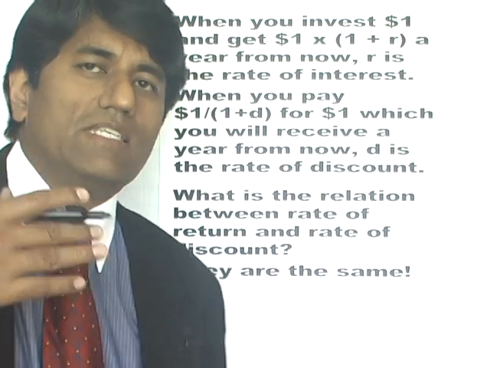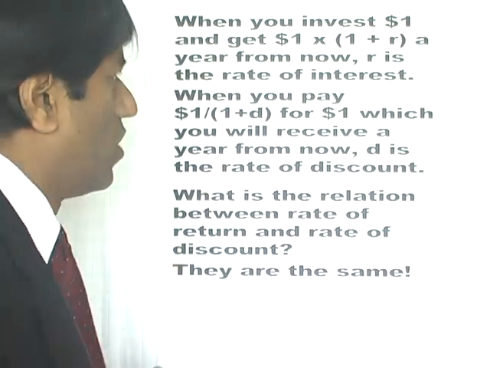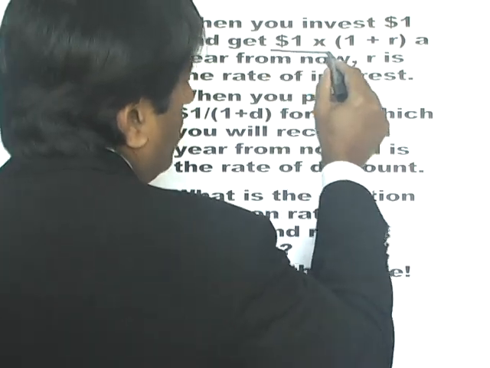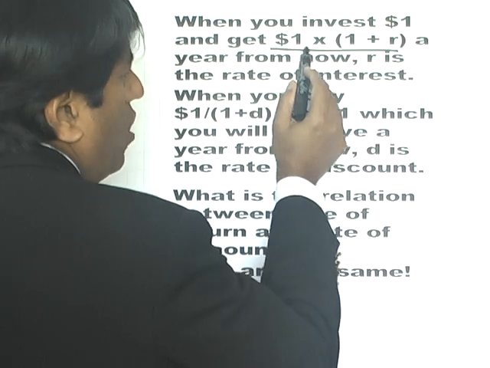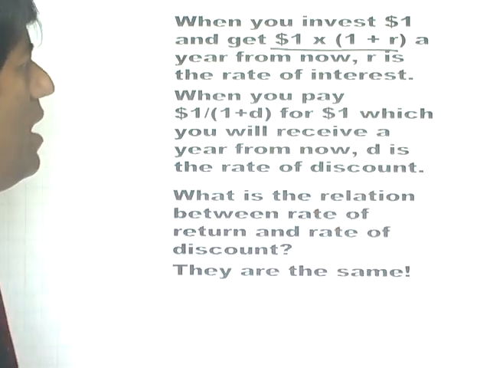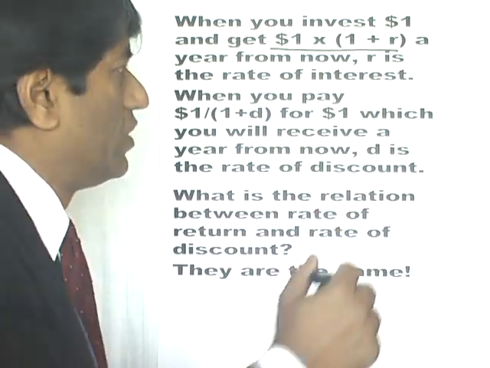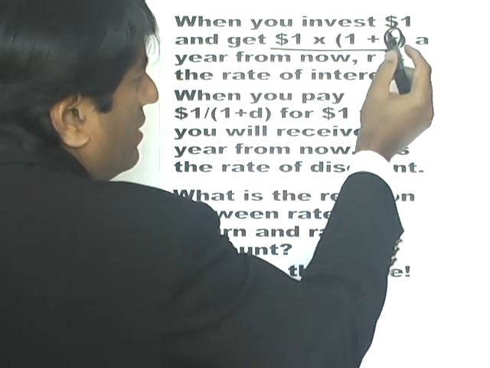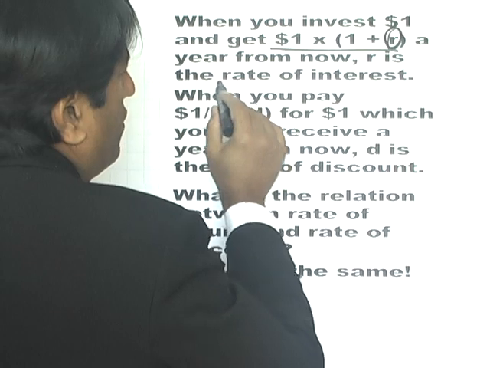So when you invest a dollar today, and a year from now you get back a dollar times 1 plus R, then R is called the rate of interest.